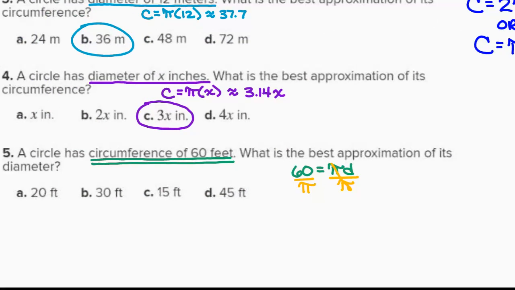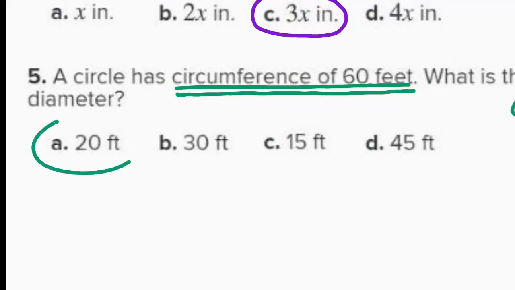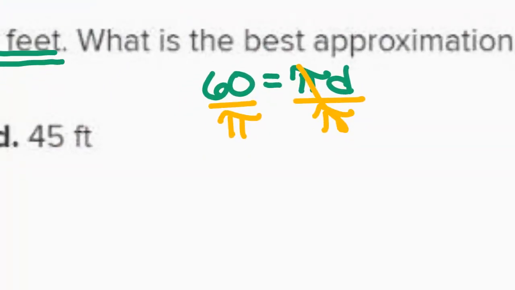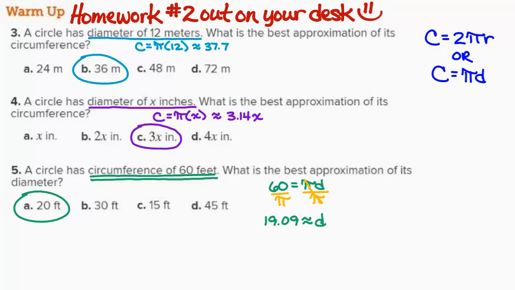Which one of these choices, 20, 30, 15, or 45, is the closest to what you get when you take 60 and you divide it by pi? 20 is the closest. What did you actually get when you divided 60 by pi on your calculator? Yes, 19 point, what, like 09 is about what we get for the diameter. So 20 is the closest. Nice work on the warm-up.